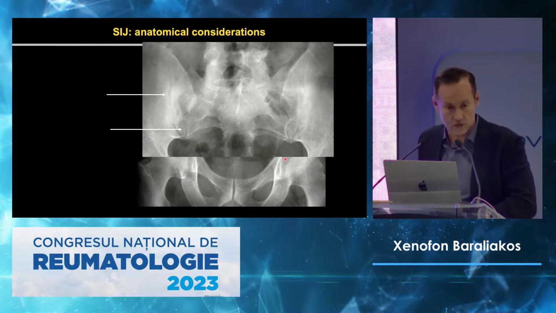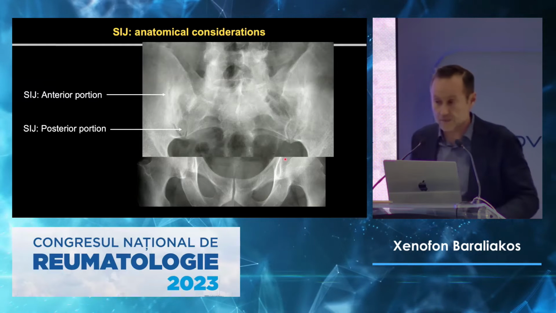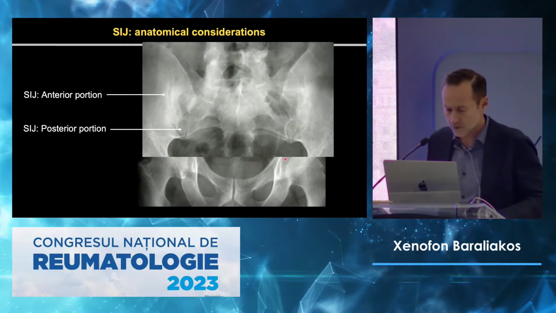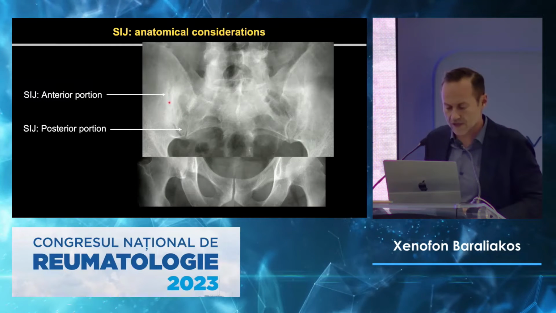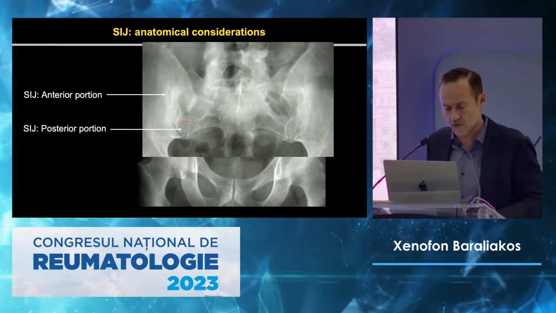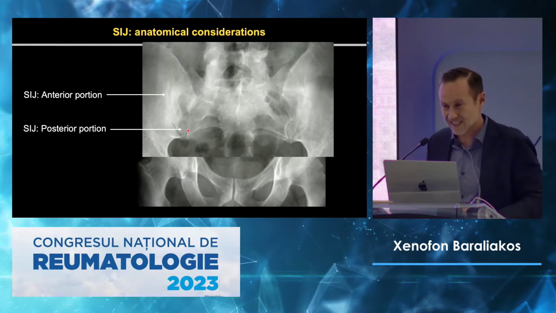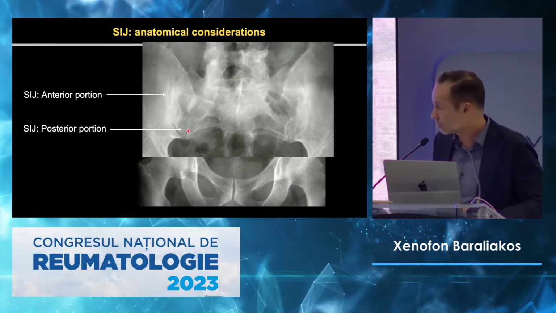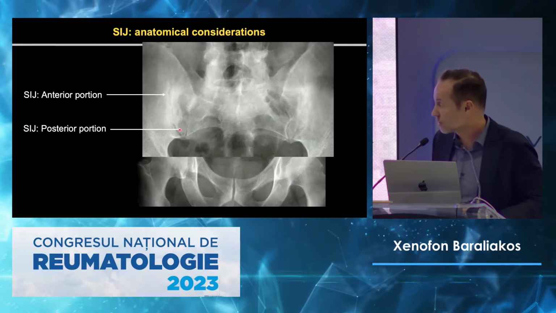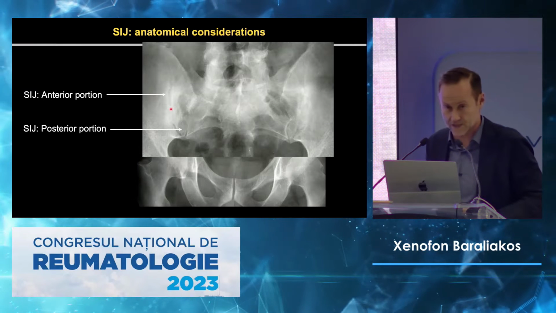What is the sacroiliac joint? In fact, it is both. But we're looking into the entire joint and not only in the one or in the other line. Of course, the posterior portion has lesser importance because there is more soft tissue. The anterior and the middle portion is more important because it has more cartilage.